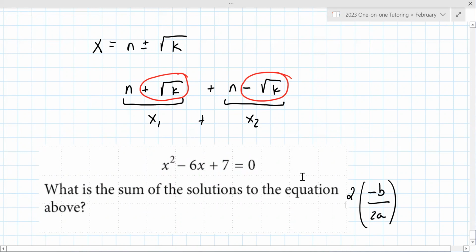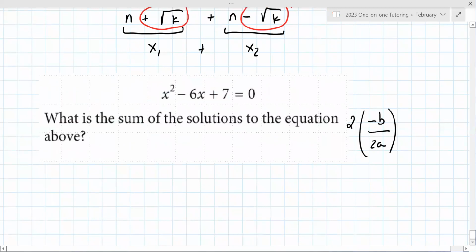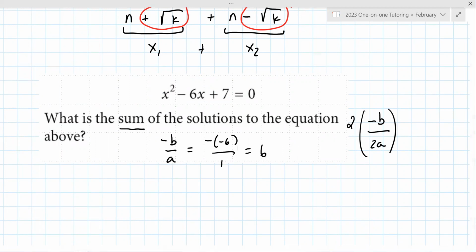So you can really shortcut your time here if you know this shortcut, which is that the sum of the solutions is minus b over a, which in this case is minus minus 6 over 1, or 6. And that's a pretty big deal to be able to shortcut that.